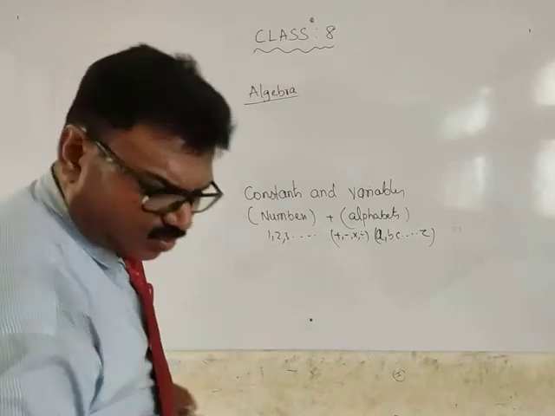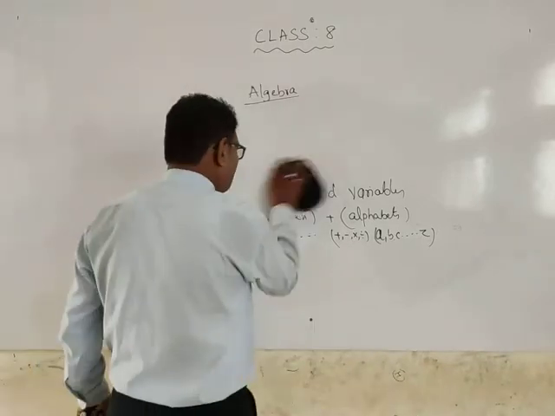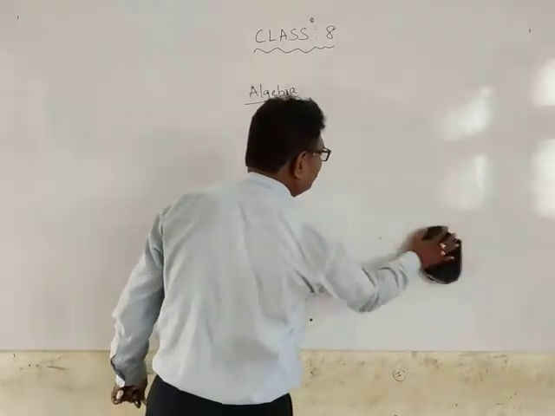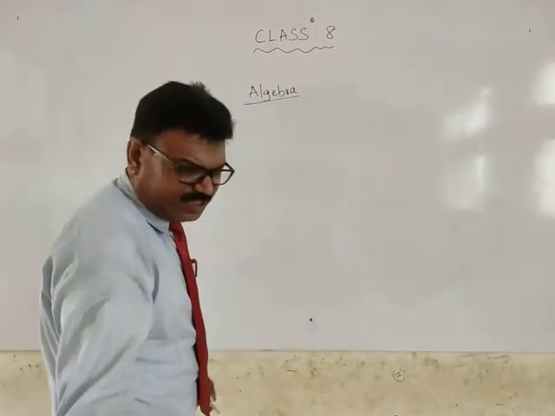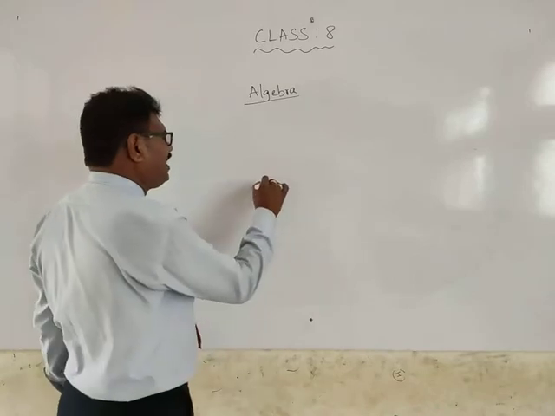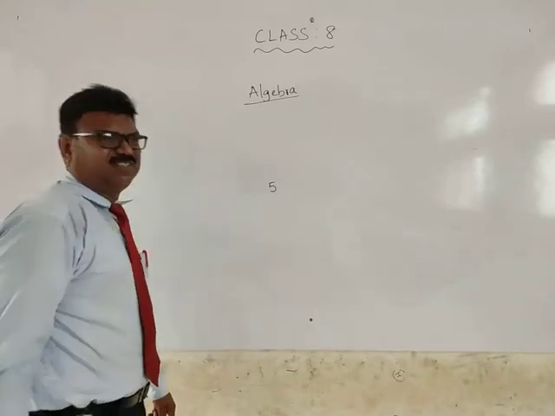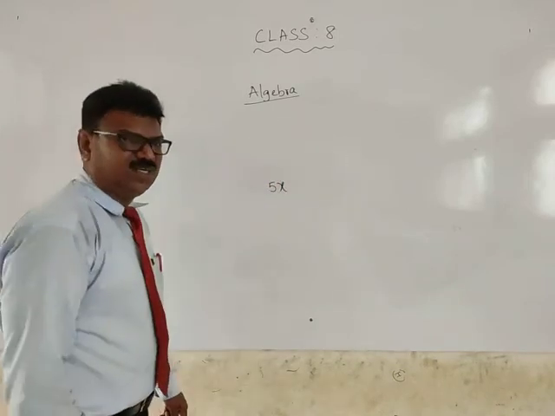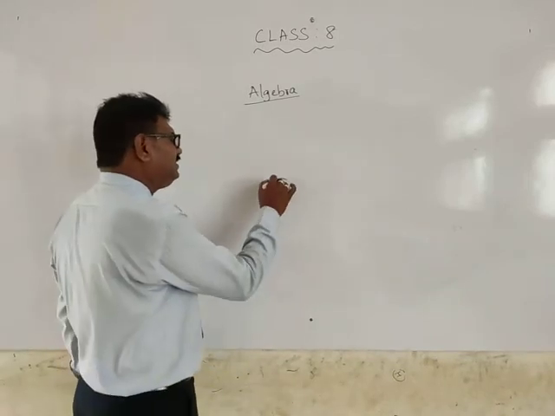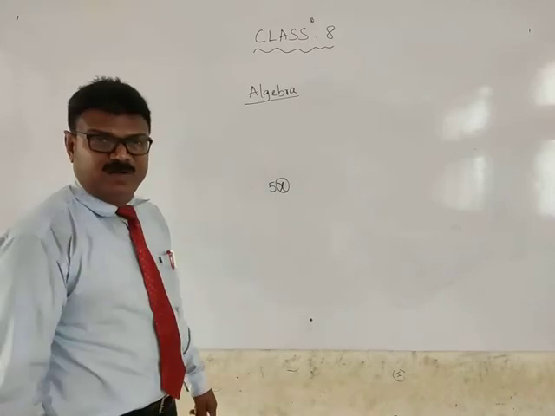Now, after knowing this algebra, we want to write one term. A term is nothing but an expression only. For example, if I am writing 5, what is this? This is a number. If I am writing now 5x, 5x means what? This x is nothing but a variable.